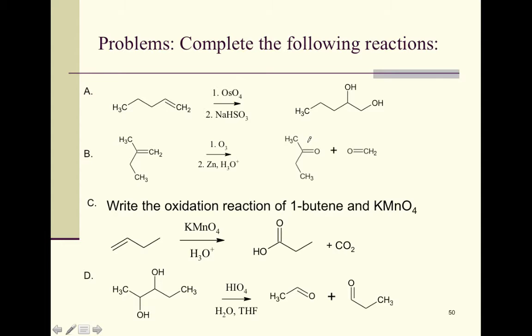And on this side, we end up getting a ketone, and on this side, an aldehyde. Letter C, this is also a cleavage reaction, but because it's a terminal alkene, did you notice we also form CO2 along with our carboxylic acid? And this set of reagents, again, it cleaves our 1,2-diol into 2 different carbonyl compounds.